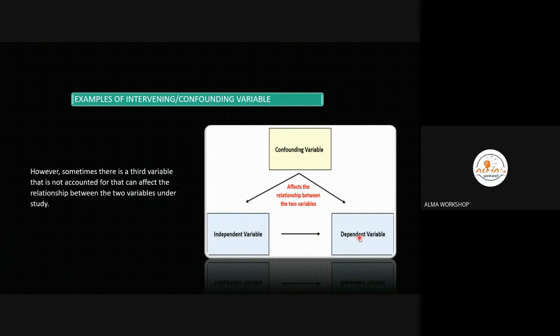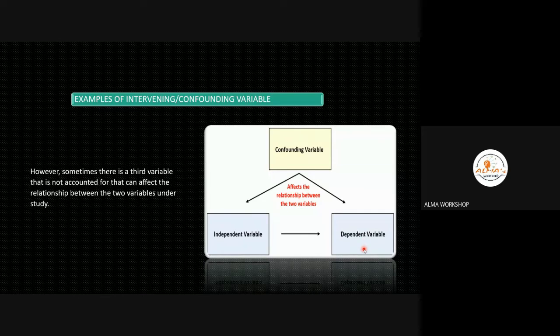You are giving blended learning for class A. In between, some other confounding variable acts, for example, the classroom climate. We are not considering the classroom climate. So we have such other variables which affect the experimental group. A confounding variable is a variable that affects the relationship between the independent variable and the dependent variable.